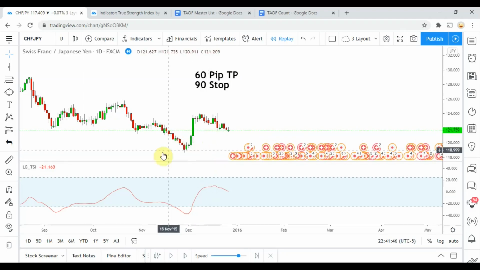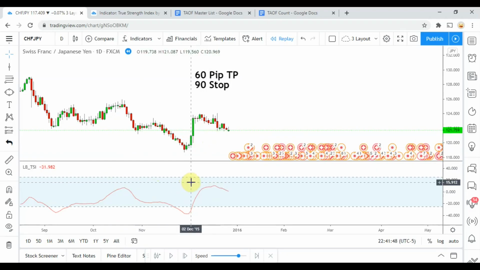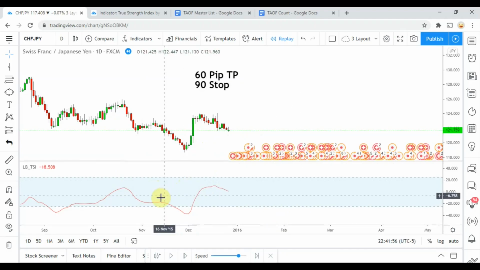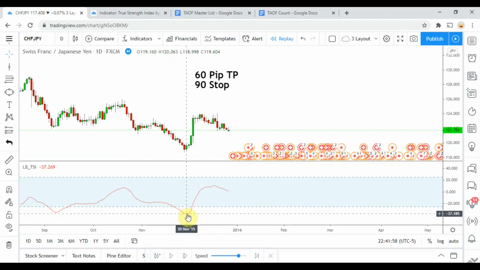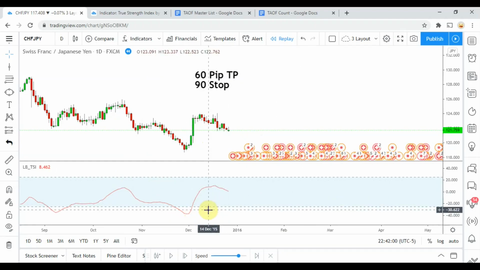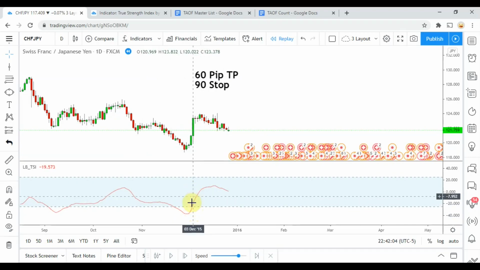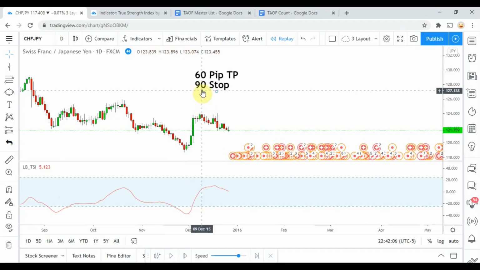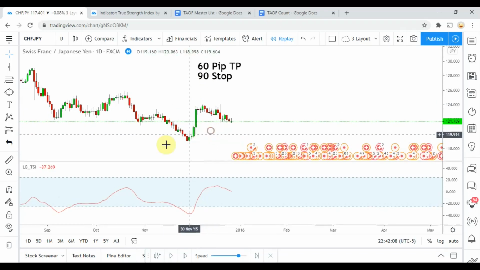And so the setup is relatively easy. We are going to test this the same way we tested the RSI. What we're looking for is for the line to break down below the bottom line and then come back up and cross back up across the line, and that would be a signal to go long.